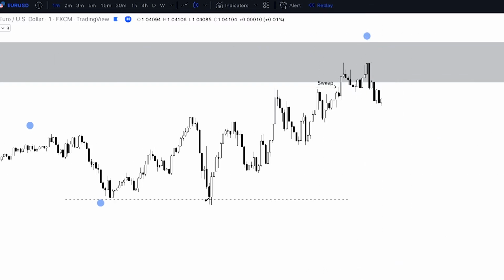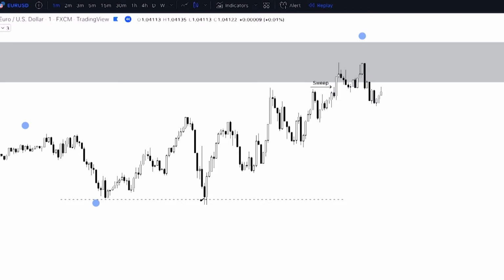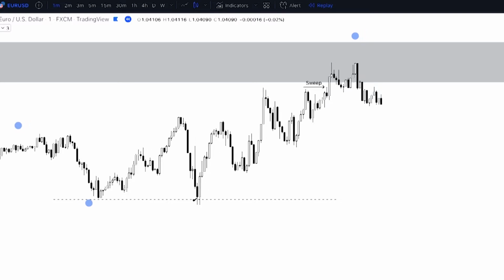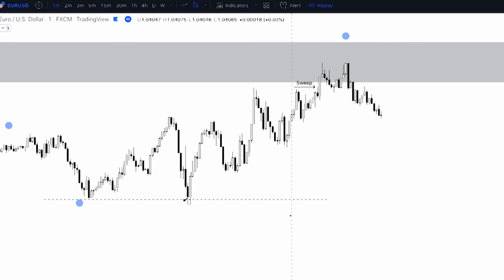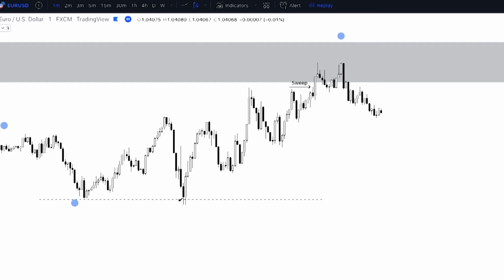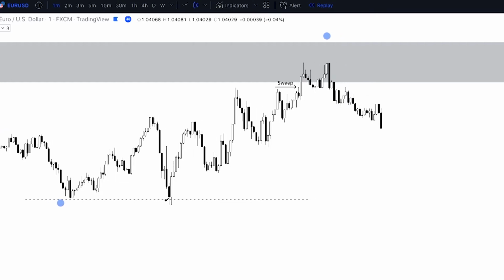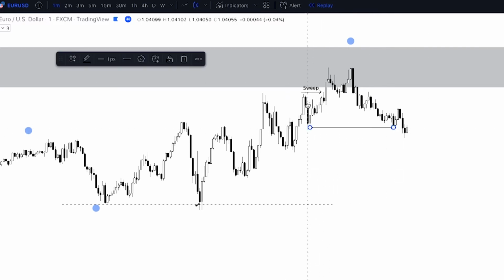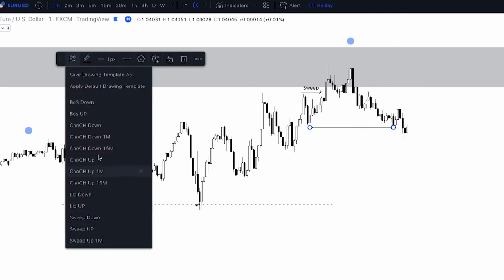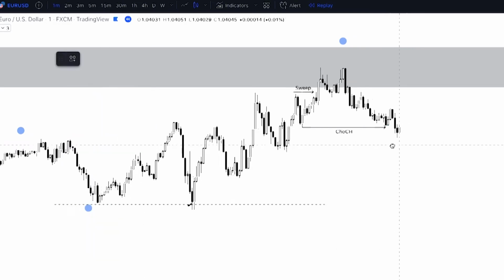So let's play. Then it broke. So we swept up and we just got a chalk, a 1 minute chalk down.